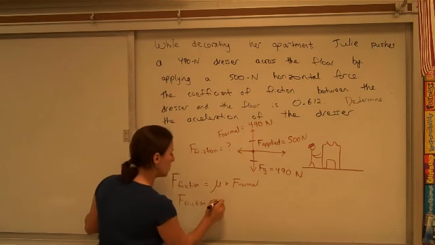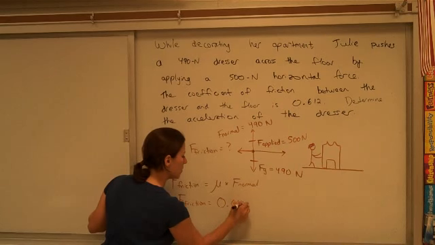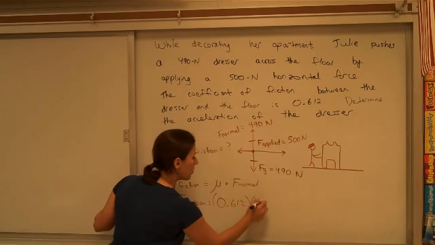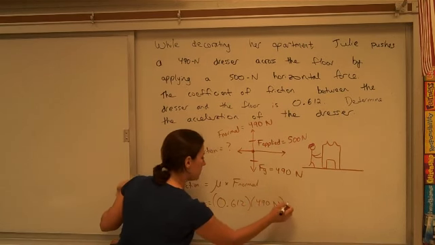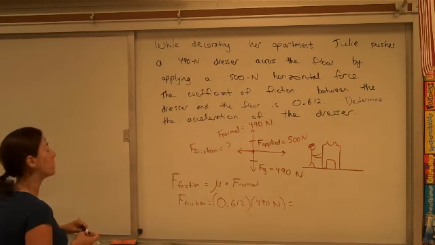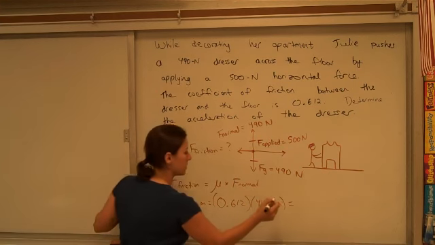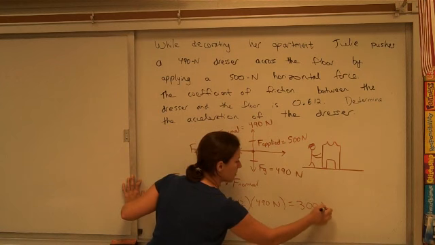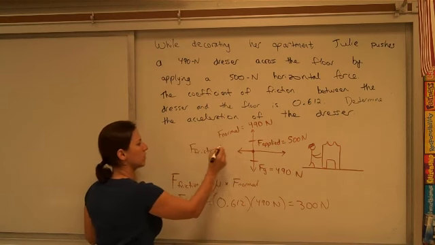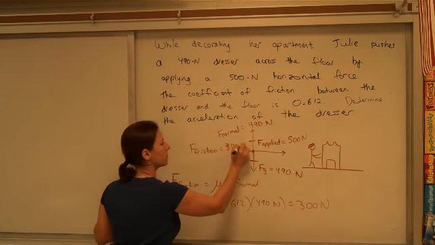Coefficient of friction is 0.612. Normal force is 490 newtons. And so the force of friction ends up being 300 newtons. And I'll just add that to my picture right now. Got the force of friction.